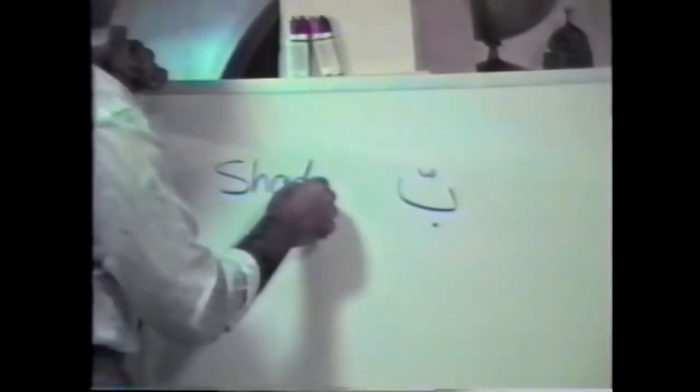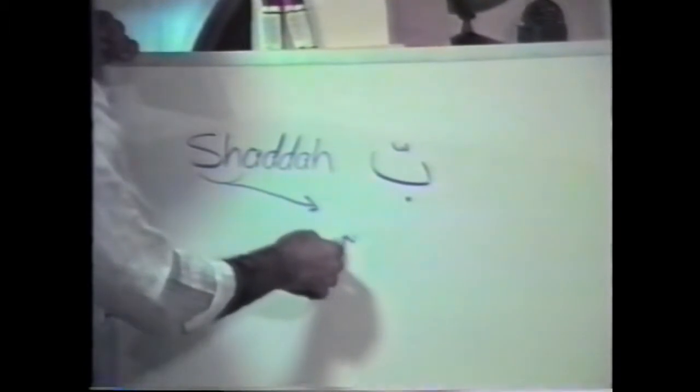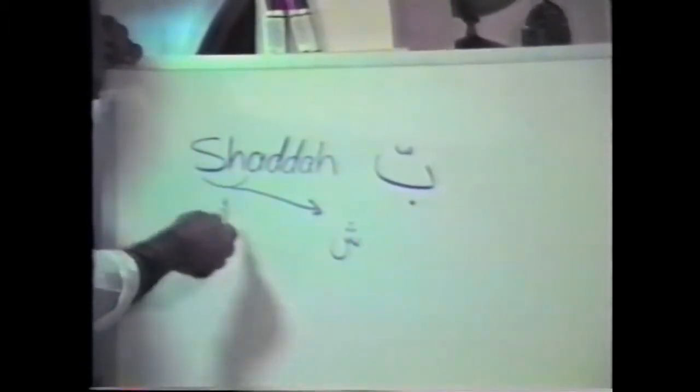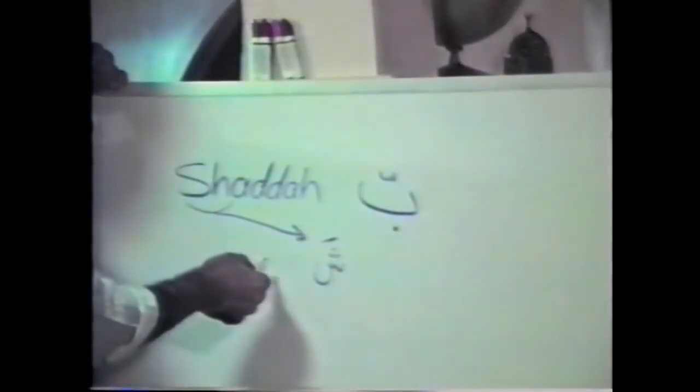The name of this sign is shadda, and in English it will be written like this, shadda. Now in Arabic, to write it, the letter sheen will go to the right side, will look like this, as you know. And to make it sha, because of this vowel, you put a slanted dash on top of it. The next letter would be this dal.